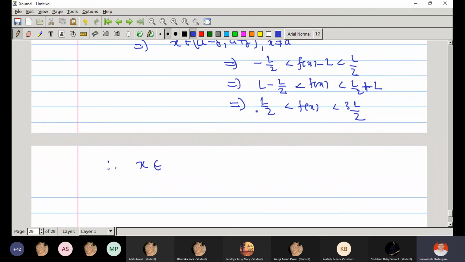And already L is positive, so L by 2 is positive. So from this, can I say that if x is in the deleted neighborhood of A, then f of x is positive? In fact, it is greater than L by 2.